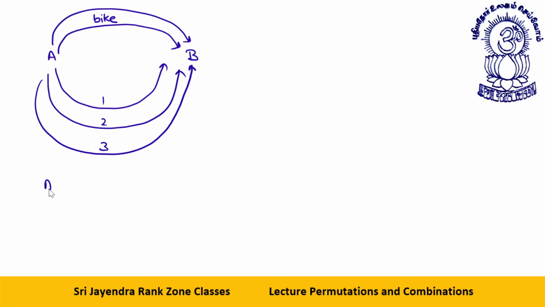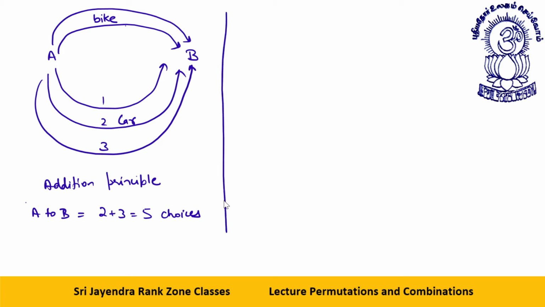So this is the addition principle right now. These are bike and these are car choices. So how many ways can I go from A to B? These are two paths, these are three paths. 2 plus 3, that is 5 choices. Okay, clear.